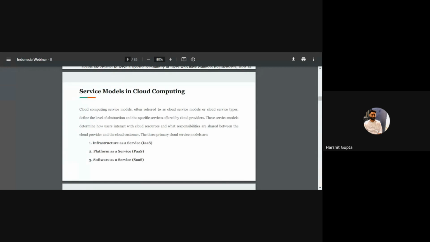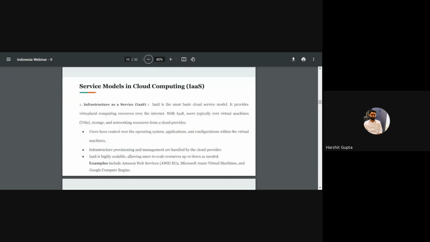If we are using a cloud service, then what different kinds of services can we get from the cloud service provider? To make a clear distinction, the services are now divided into three main parts: infrastructure as a service, platform as a service, and software as a service.